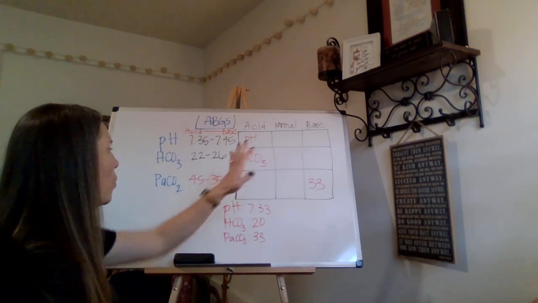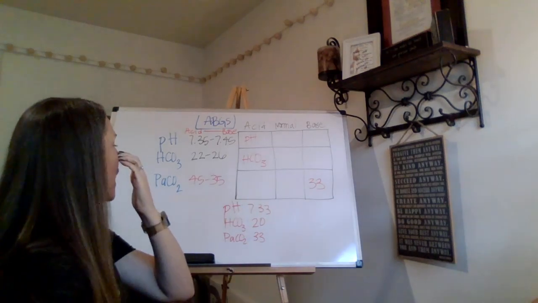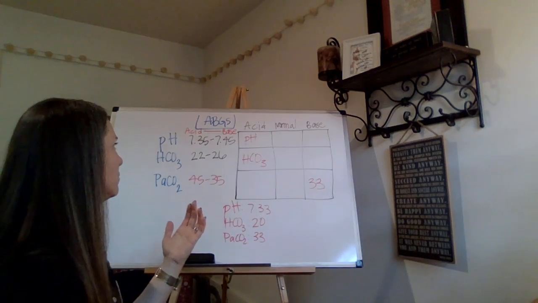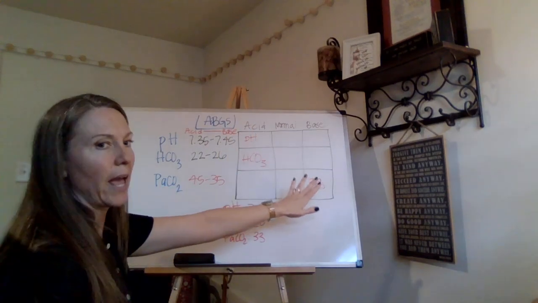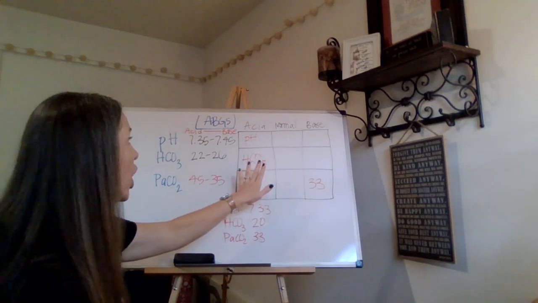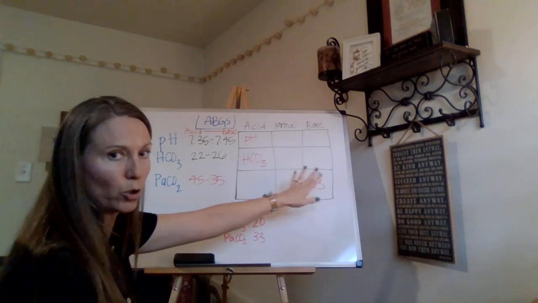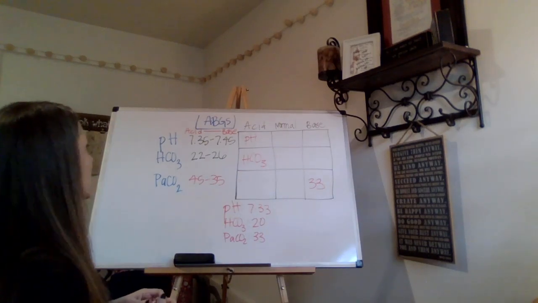Okay? So when I look at this result, what do I have? I figured out where they belong on the chart as far as acid, normal, or base, but what would I call this?